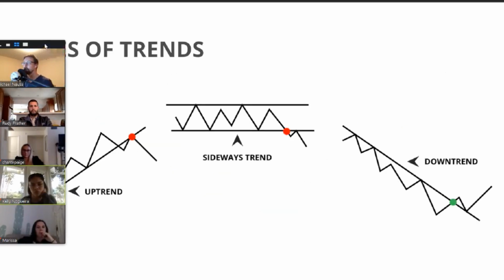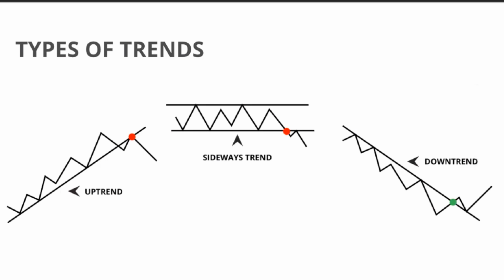And essentially there's three types of trends. What we started with last week is a sideways trend, stocks that are beating around one way. Then you either have an uptrend where stocks are generally moving higher, which we're seeing in a lot of stocks right now, or we have a downtrend where stocks are generally moving lower and you have this lower push.